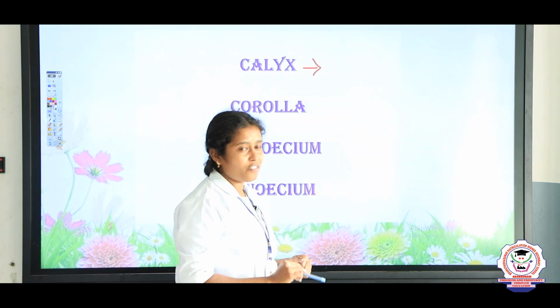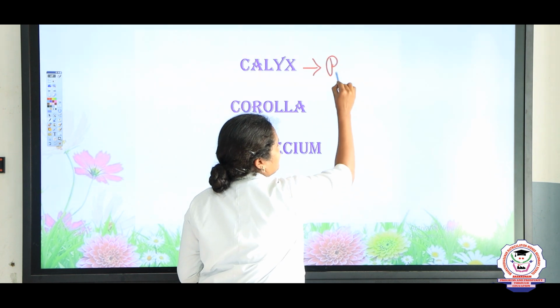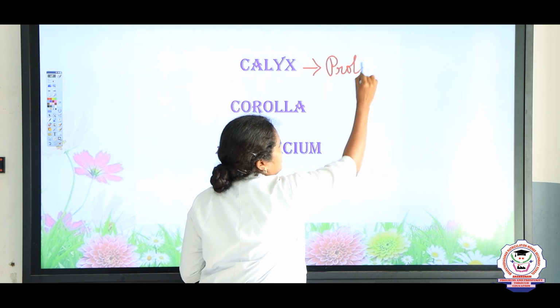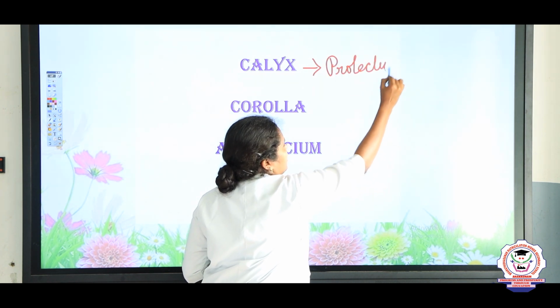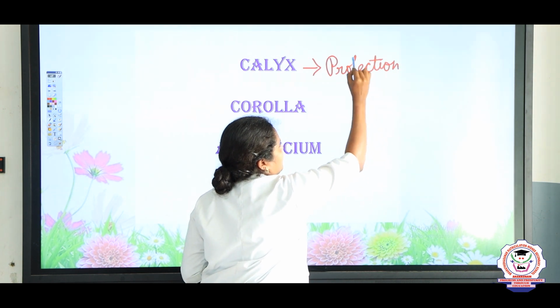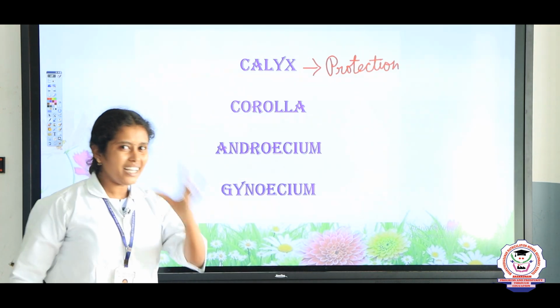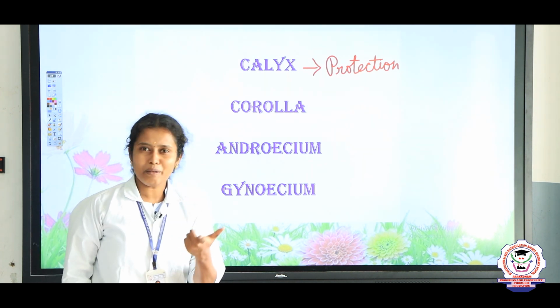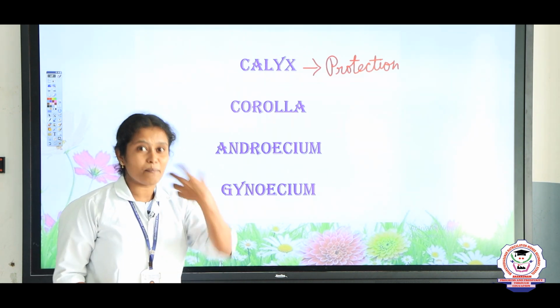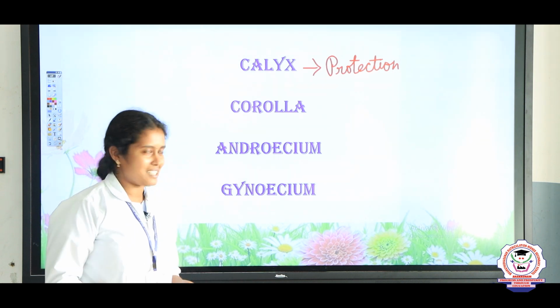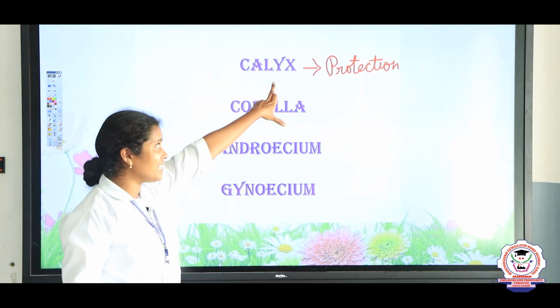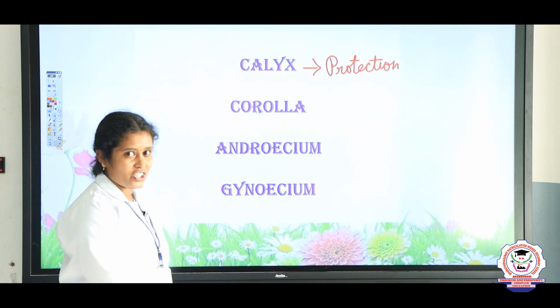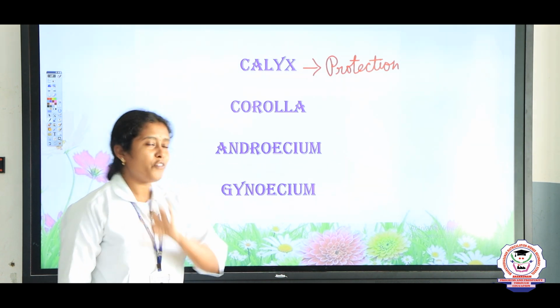Yes, protection, P-R-O-T-E-C-T-I-O-N. And it is green in color, no? Sometimes it is involved in photosynthesis. What is meant by photosynthesis? Yes, manufacture of food materials for the plant. So, the calyx is involved in protection and also in photosynthesis.